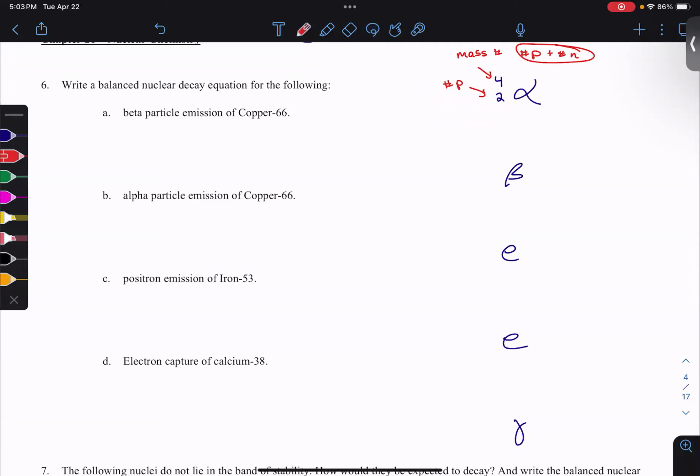Beta particles, on the other hand, have no mass and are a -1 charge. They're essentially like an opposite of a proton. Okay, but they have no mass. Or you can think beta particle is like an electron, but it originates from the nucleus. Because when we think about, like, remember Chem 1210? Orbitals and stuff, right? Like S, P, D, and all of that. Those were cute. Those electrons were always on the outside, the cloud, okay?